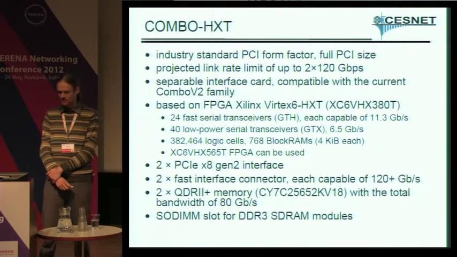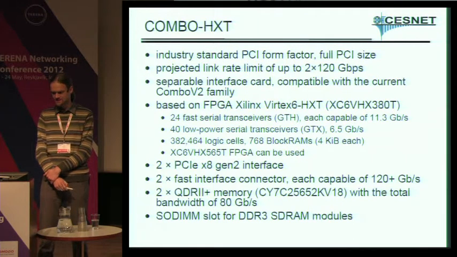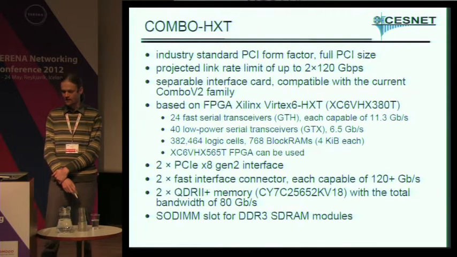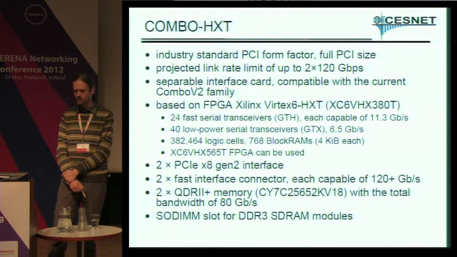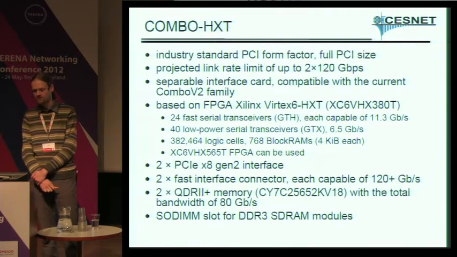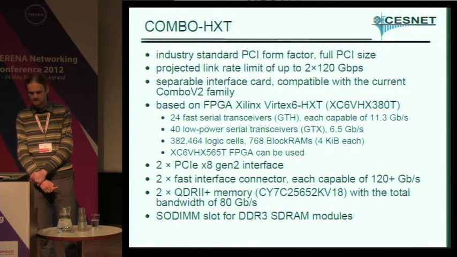The main FPGA we will use is Virtex-6 HXT from Xilinx. From the communication point of view, it has 24 fast serial transceivers, GTHs, each capable of over 10 gigabits per second. That's what we need.